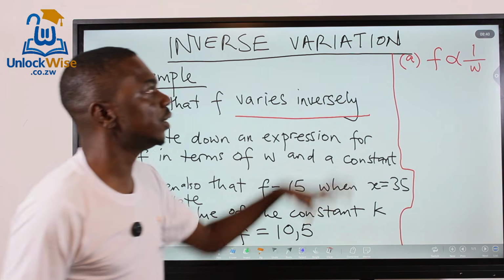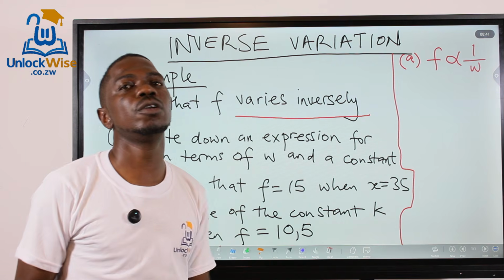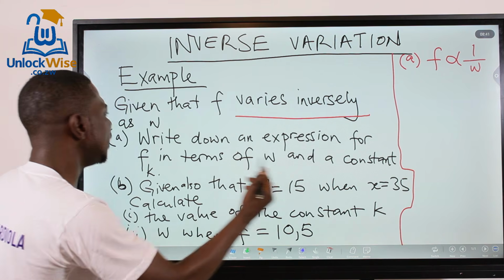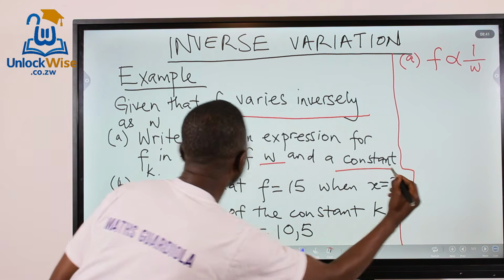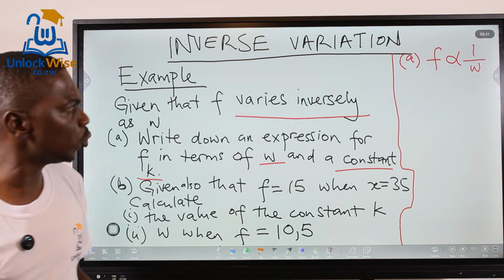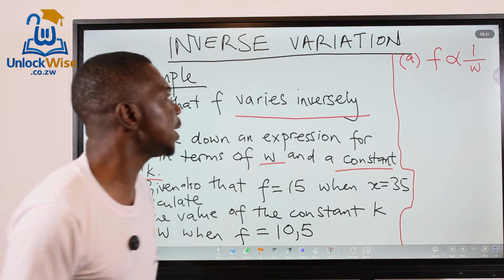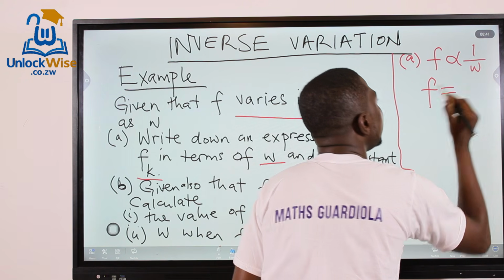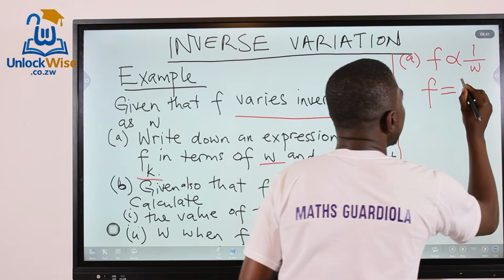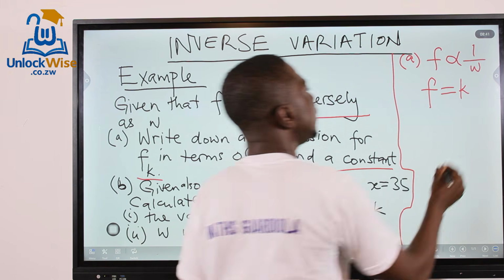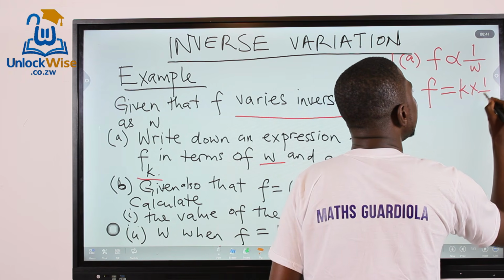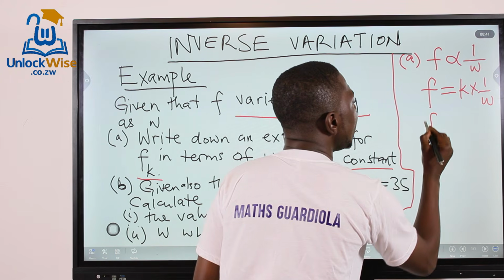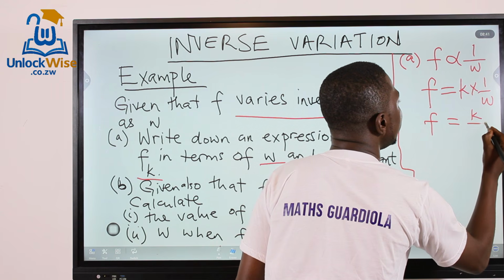This is the statement in variation form. But we are asked to write an expression in terms of w and a constant k, so we introduce a constant k. When we remove the variation sign, we introduce an equal sign and k, the constant of proportionality, multiplied by 1 over w, and this gives f equals k over w.